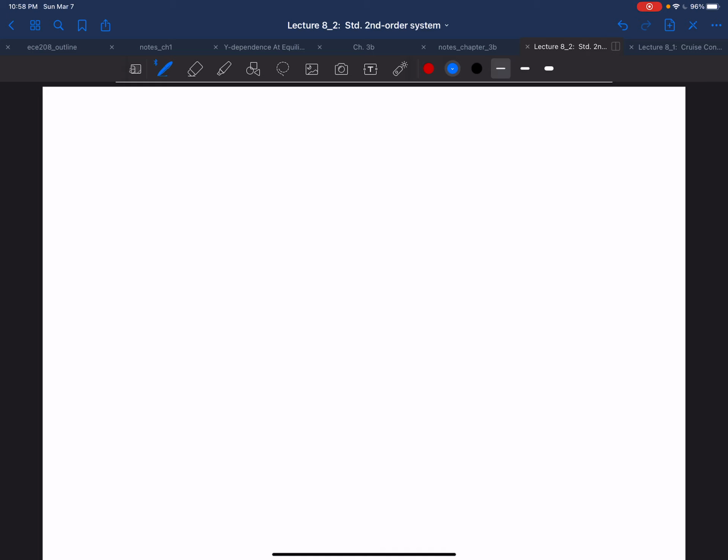So we want to know where to put the poles in order to get a nice response. So we need to know the relationship between the locations of the poles and the form of the response. So let's plot the pole locations, specifically for this underdamped case.